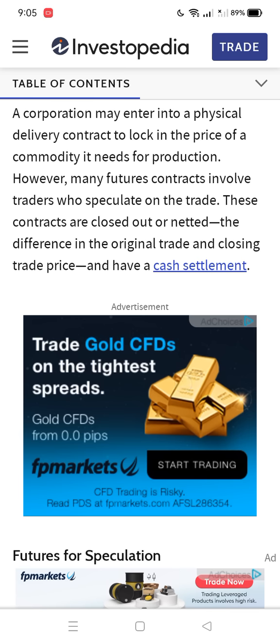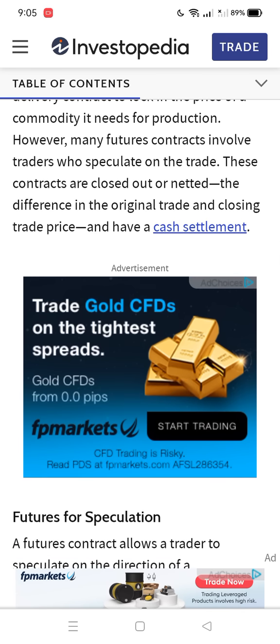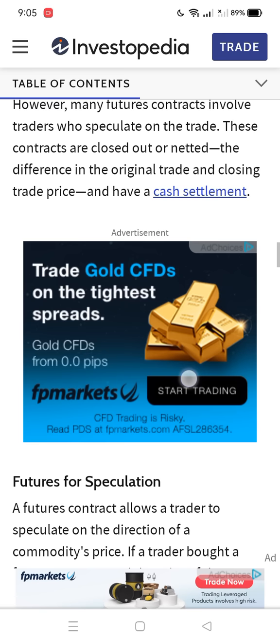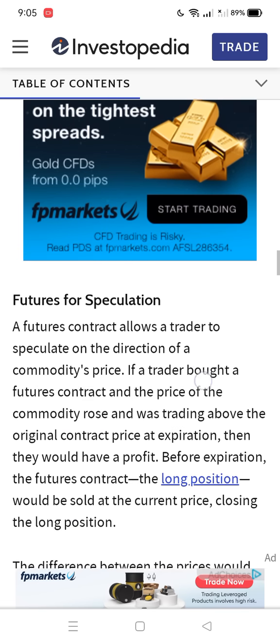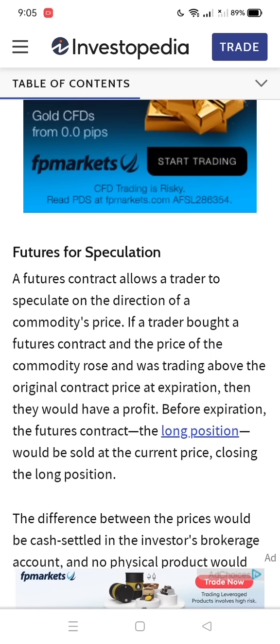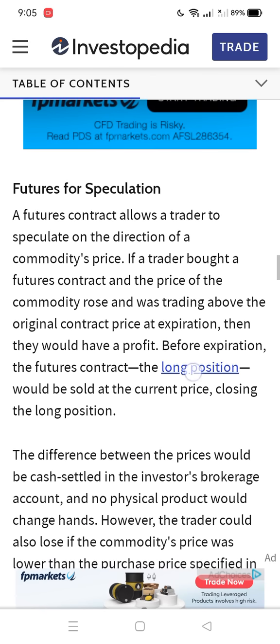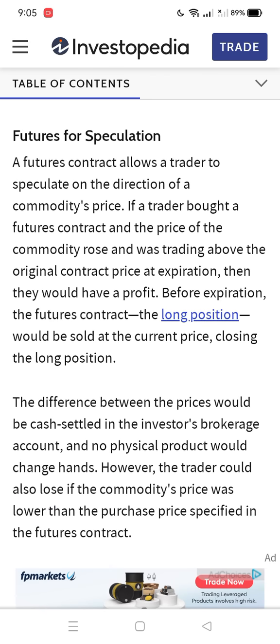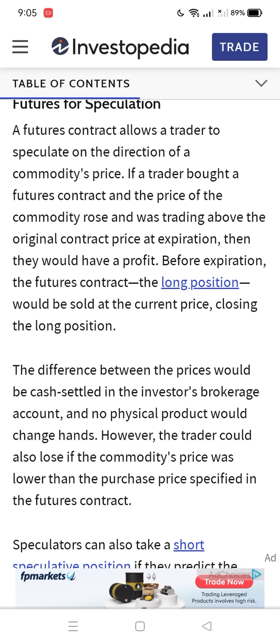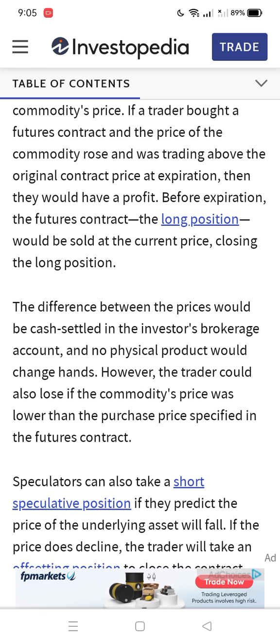These contracts are closed out or netted by the difference between the original trade and closing trade price and have a cash settlement feature. For speculation, a futures contract allows a trader to speculate on the direction of a commodity price. If a trader bought a futures contract and the price of the commodity rose and was trading above the original contract price at expiration, then they would have a profit before expiration.